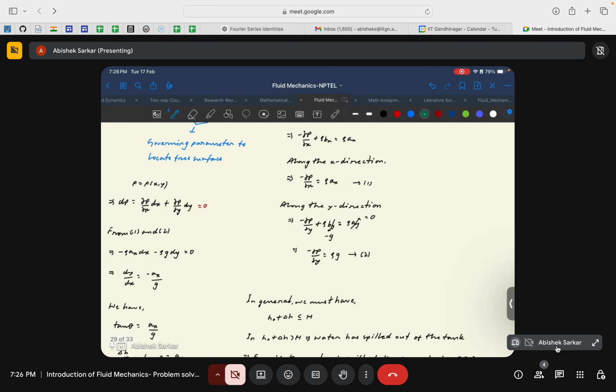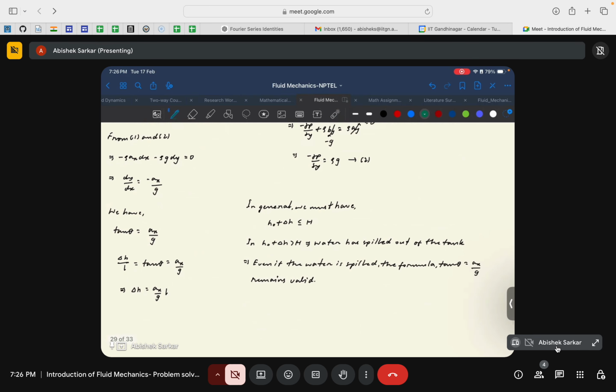Then delta h by L would be equal to tan theta, that would be equal to ax by g. Now our task was to find delta h, so delta h would be ax by g times L.